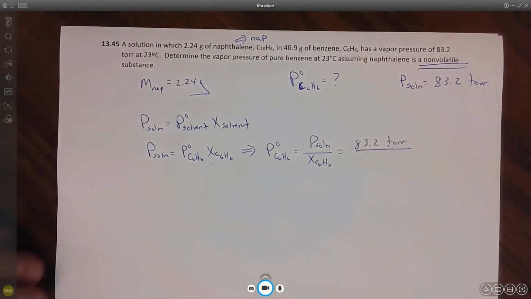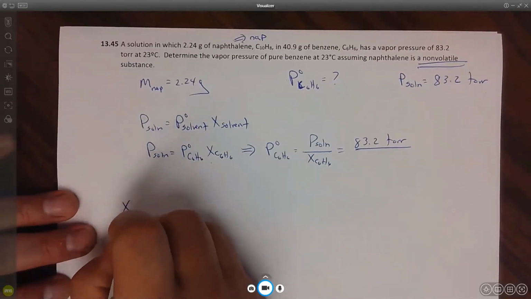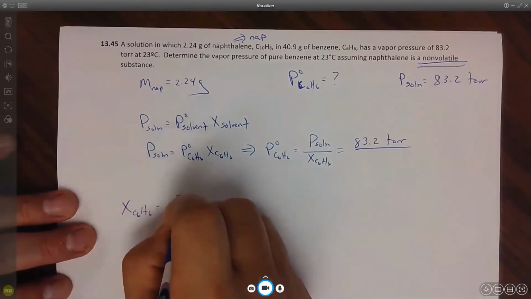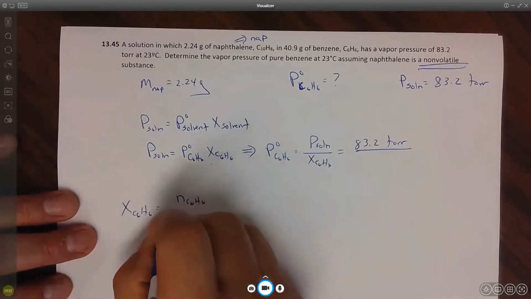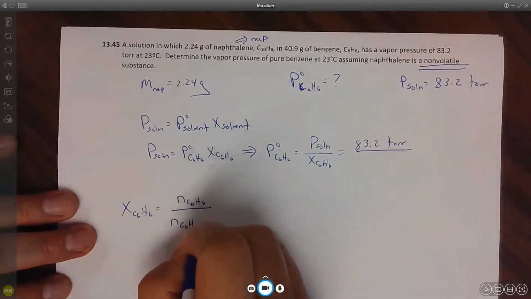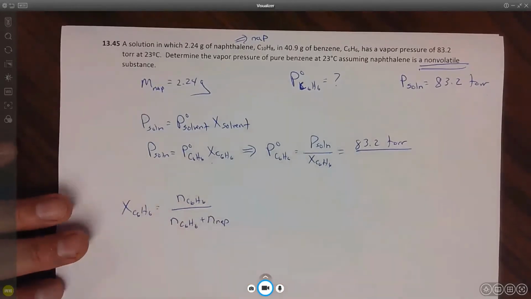How am I going to get the mole fraction of the benzene? Well, we've seen that already. It's going to be the moles of benzene over the total number of moles, so the moles of benzene plus the moles of our solute, the naphthalene, which I'm just going to write as nap.